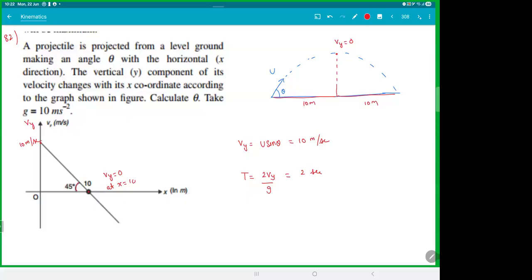And then range is nothing but Vx, which is u cos theta, into time of flight, which is 20 meters, and time of flight is this. So u cos theta is also 10. If u cos theta is 10 and u sin theta is 10, tan theta is 1, theta is 45 degrees. Done?